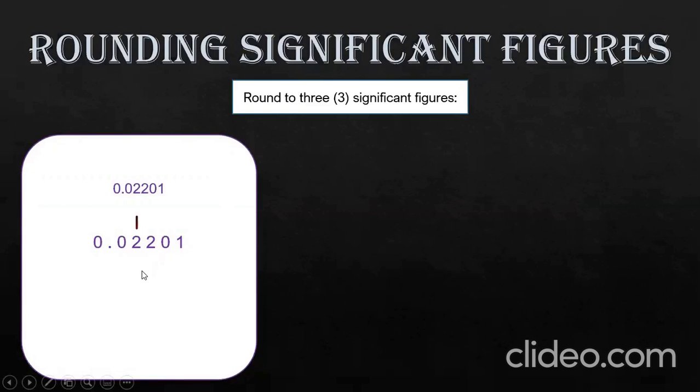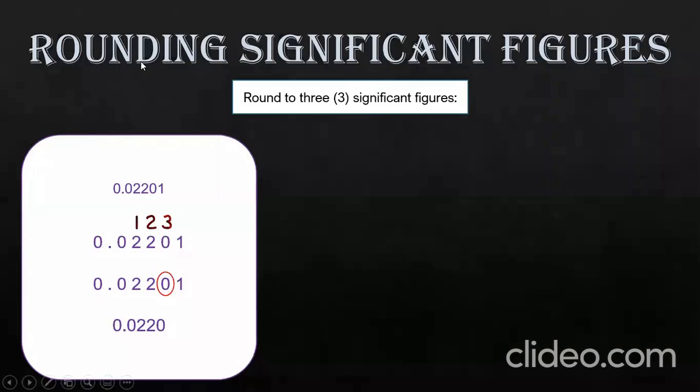So that's the first one, the second, and the third. Writing this to 3 significant figures, 0 is in the third significant position. What comes after is less than 5, so we're removing it, and so we're only left with 0.0220. This 0 is significant.